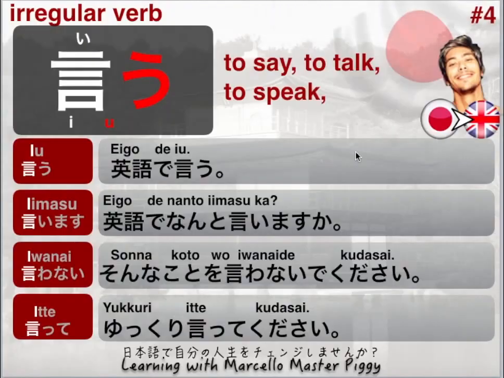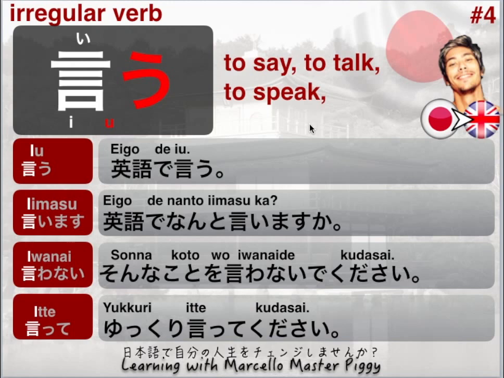So today's verb is the verb iu. It's an irregular verb and the meaning is to say, to talk, or to speak. In the last video I showed you the verb hanasu. It's very similar meaning-wise, but for me, I memorized iu more like to say, and hanasu more like to talk.